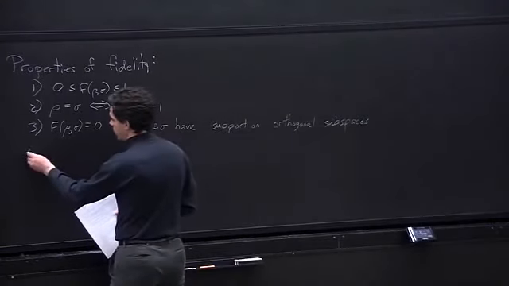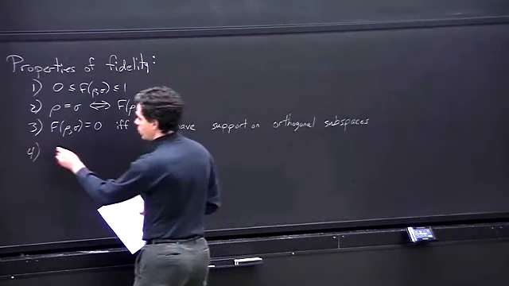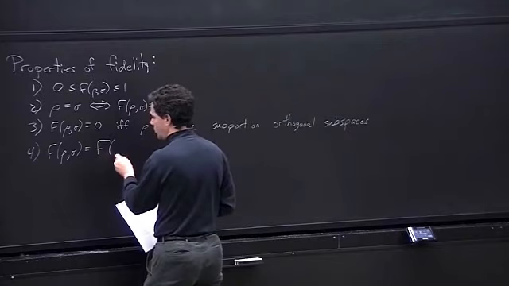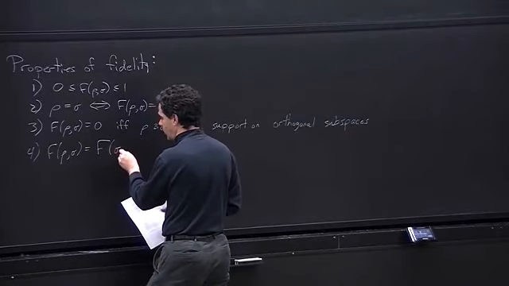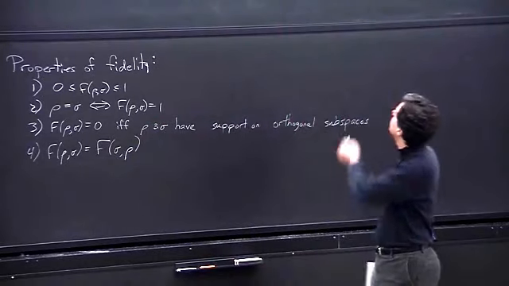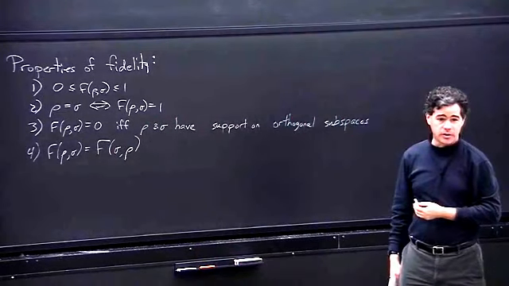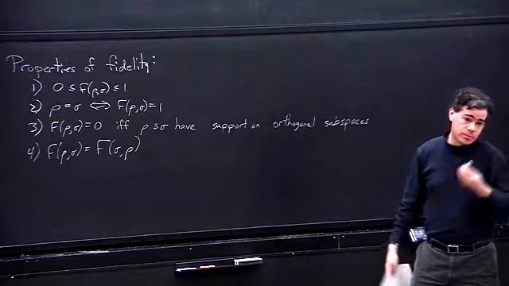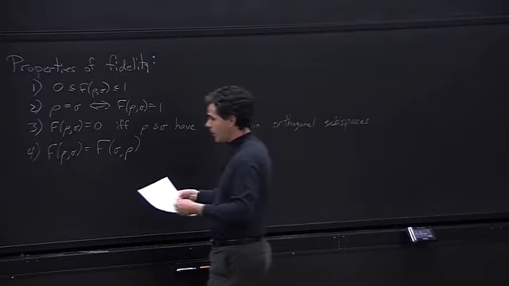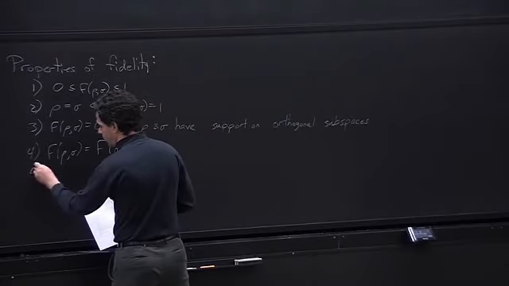Okay, let's see what else. Well, here's a basic property, but it's not at all obvious from that definition, which is that the fidelity of rho and sigma is the same as the fidelity of sigma and rho. The definition up there does not make that manifest, but it's true. Okay, now we're starting to get to the more interesting properties.